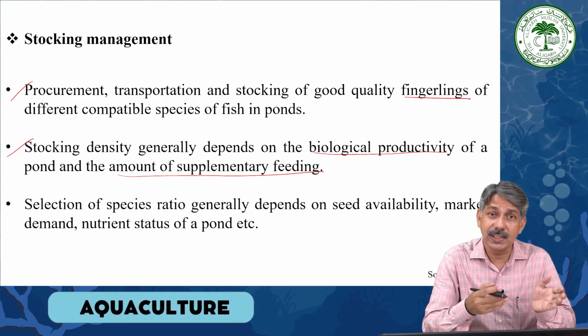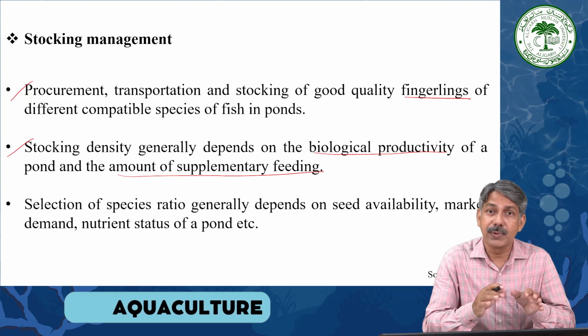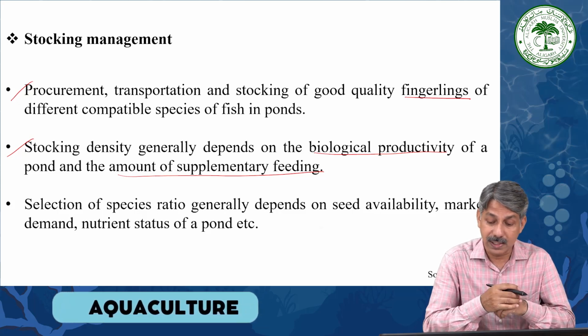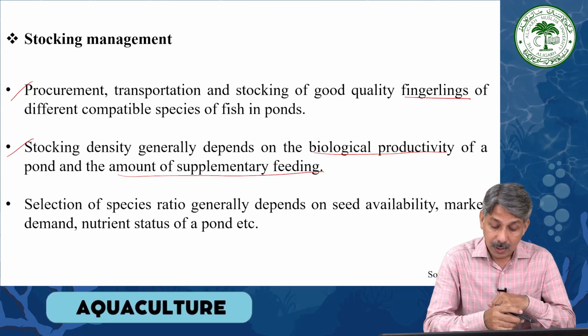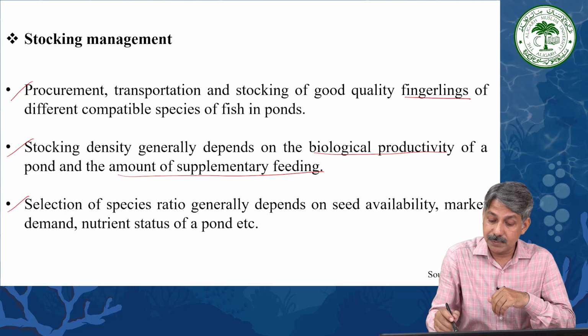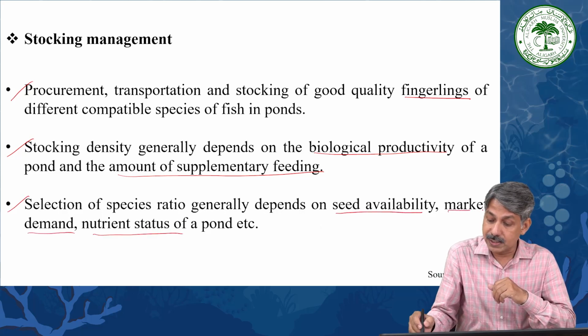You can supplement with natural food as well as artificial food. So whatever you are supplementing with, everything should be taken care of, be calculated, that how much stocking density we can have. Then selection of species ratio generally depends on seed availability, market demand, nutrient status of pond, etc.